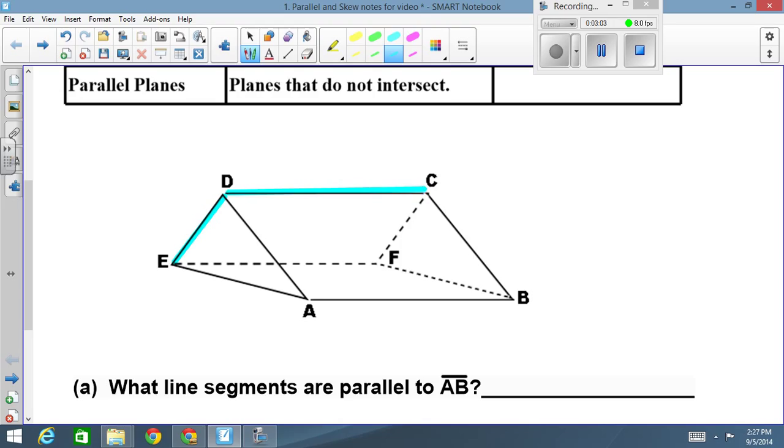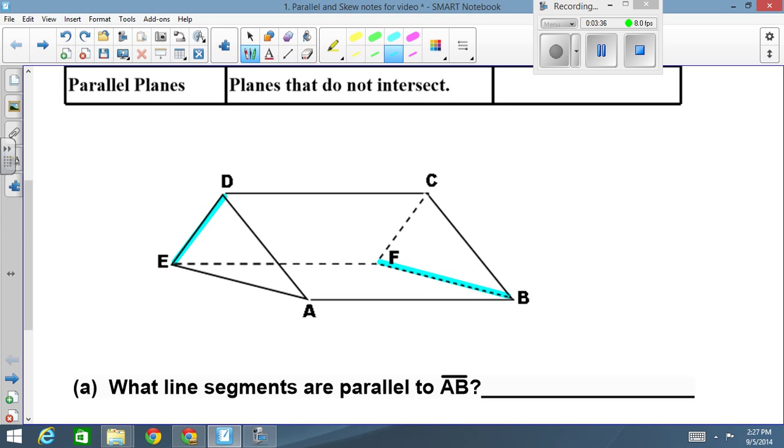Those are not parallel, but those also are going to intersect. So what I need is a line that is not only not parallel, but also will not intersect. And one that I'm thinking of is segment FB in the back here. Okay, these are not parallel to each other, and they're also not going to intersect. So these would be considered skew lines.